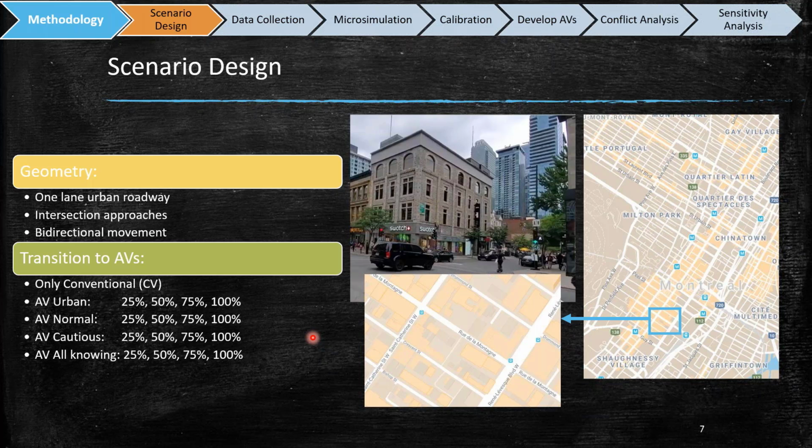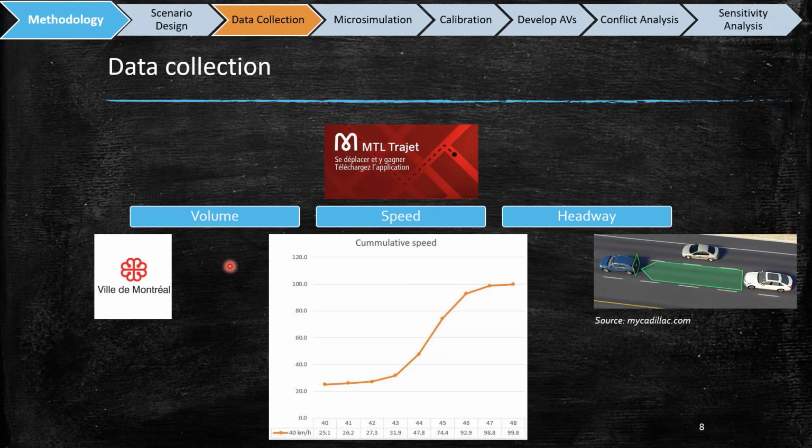The data collection that we had was from Ville de Montreal, and we collected volumes. There was some speed data and also headway data extracted from the MTL database that is available under the Ville de Montreal database, and it's open data.